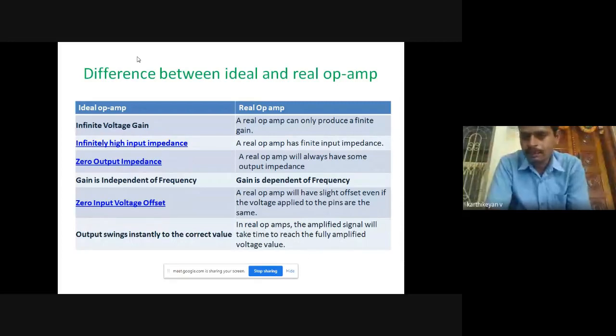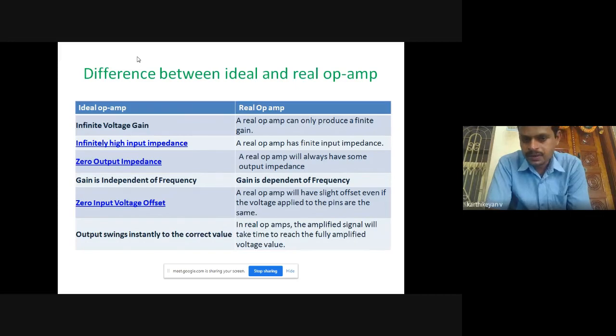Ideal op-amp has infinite input impedance, whereas a real op-amp has finite input impedance. Ideal op-amp has zero output impedance, whereas a real op-amp always has some output impedance. In an ideal op-amp, gain is independent of frequency, whereas in a real op-amp, gain is dependent on frequency.